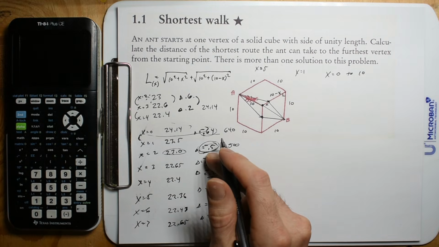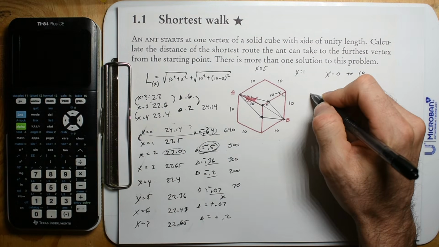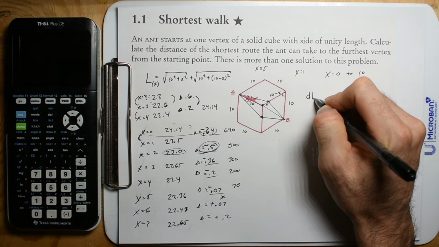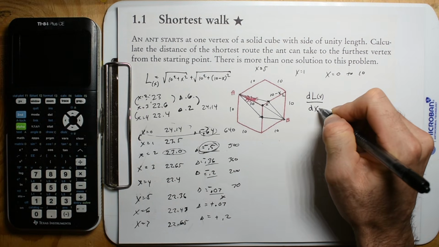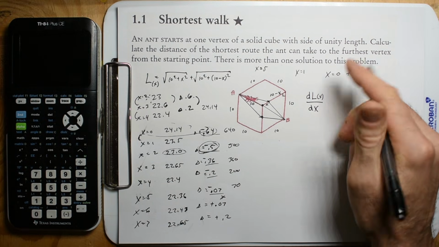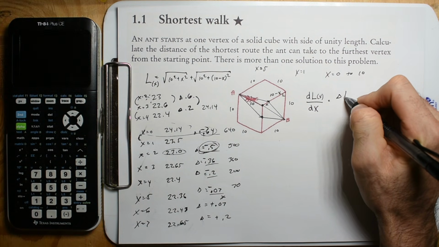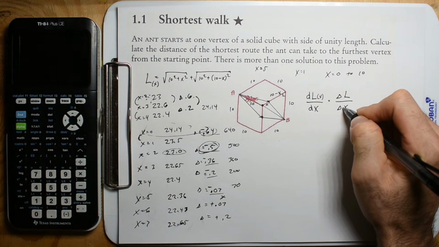Now, we have this equation for L. The derivative says, let's take the derivative of L as a function of x with respect to x. So that's kind of how you would say the derivative. Basically, you can say it's just like changing this length L by changing x.